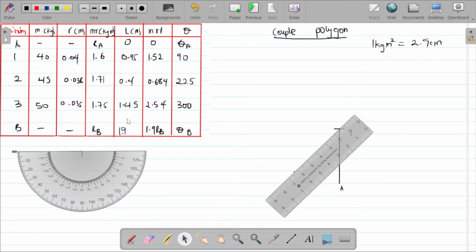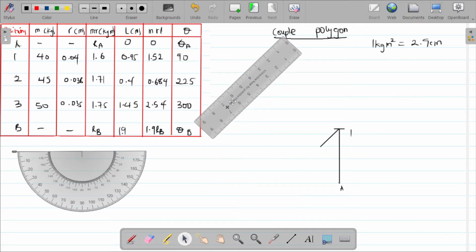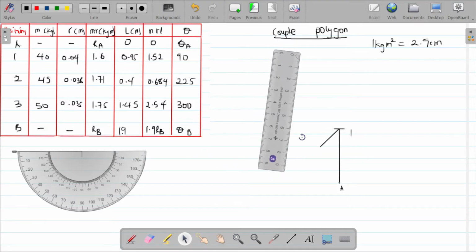The magnitude is 2 centimeters, right? Okay, that is 2 cm. Then we draw a horizontal line there.